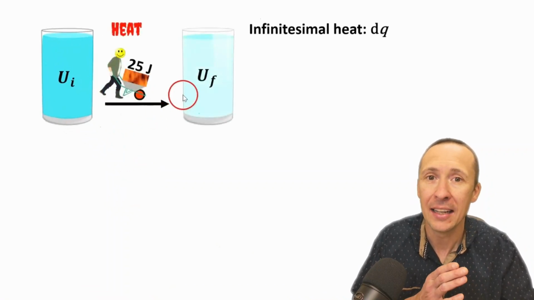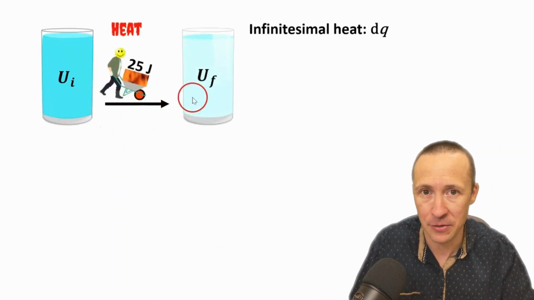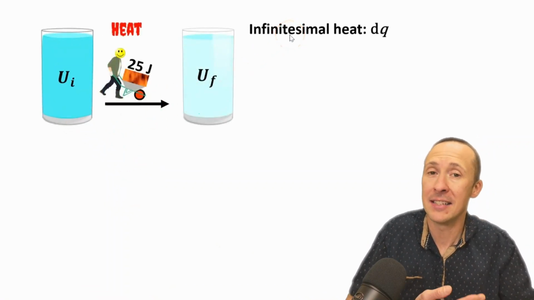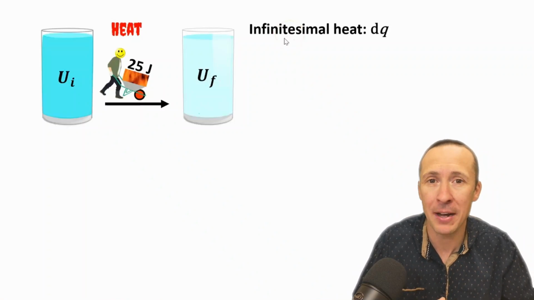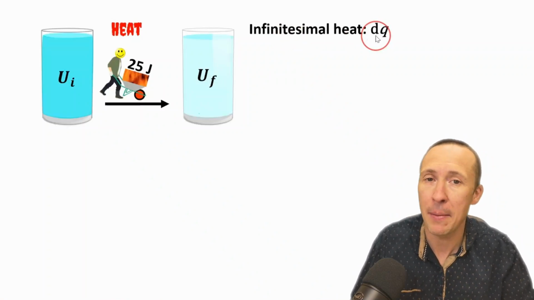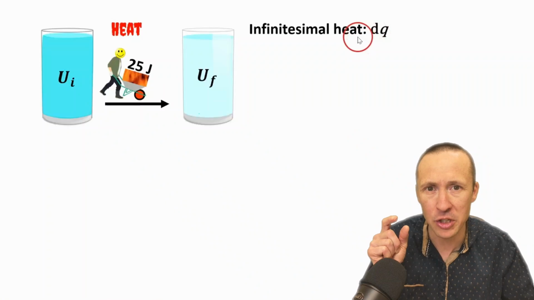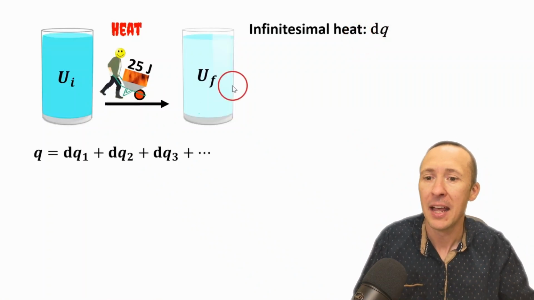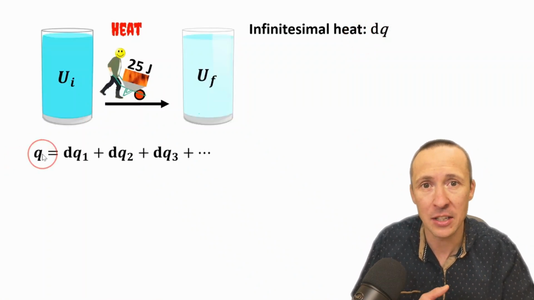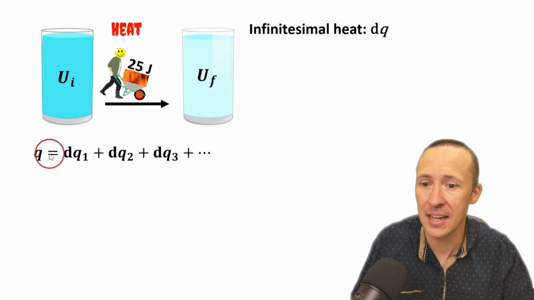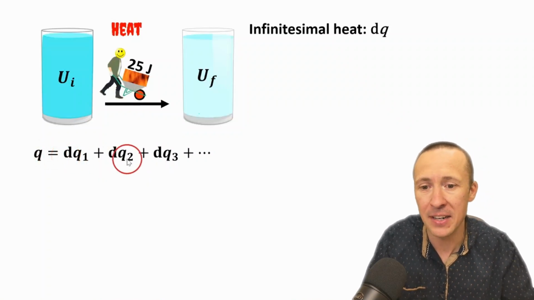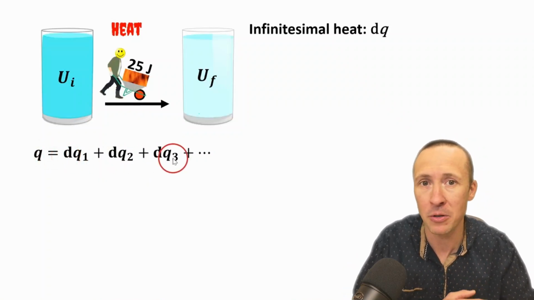So a little amount of energy being transferred can be thought of as in an infinitesimal form. If we pick on heat, dq represents a small amount of energy being transferred as heat. And the total energy that's transferred as heat throughout the whole process is the sum of all the infinitesimal portions of heat throughout the process.